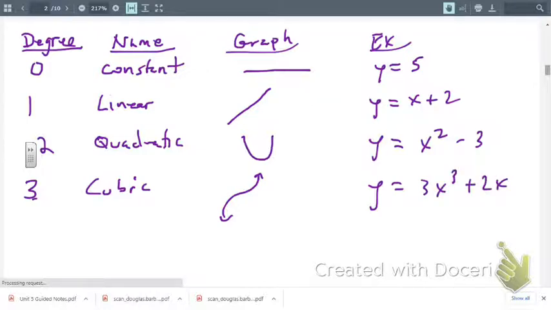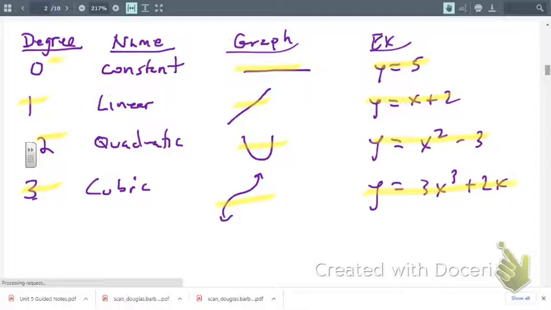Essentially the purpose of writing this is that, based on your equation, you can tell what the graph is going to be. Based on the degree, you can tell what the graph is going to look like. The equation tells you the degree, and the degree tells you what the graph ends up looking like.